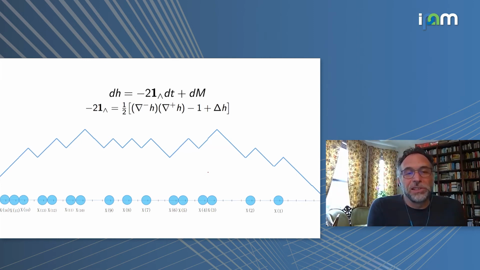The interesting thing is, if you look at this function, -2 times the indicator function of a local max, because of the discreteness, it can actually just be written as a half times the backwards gradient of h, where grad minus of h at x just means h of x minus h of x minus 1, times the forward difference, h of x plus 1 minus h of x minus 1, plus the discrete Laplacian of h.